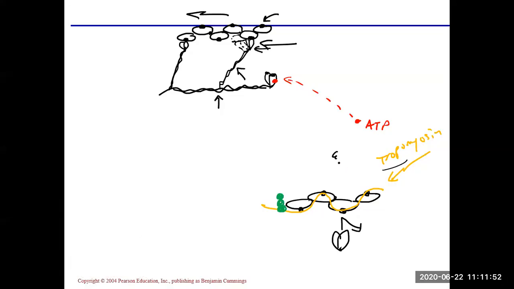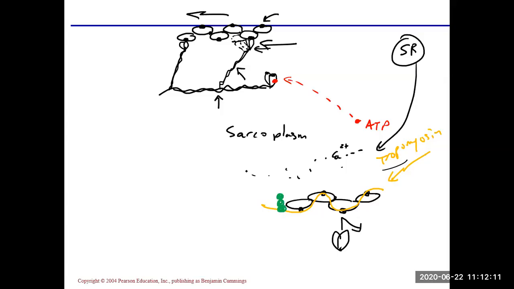So the calcium we discussed is coming in from the SR, the sarcoplasmic reticulum. Earlier, we had the voltage gated channel open, and we said they are in the sarcoplasm. This space is the sarcoplasm. All these are calcium. Once calcium binds in here, it changes the conformation of the tropomyosin, and it moves it to the side.